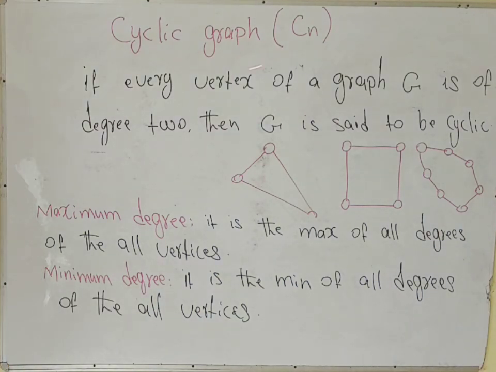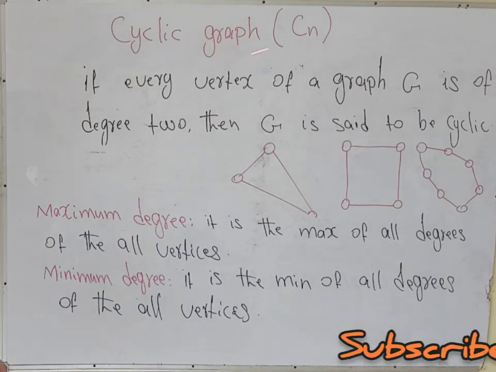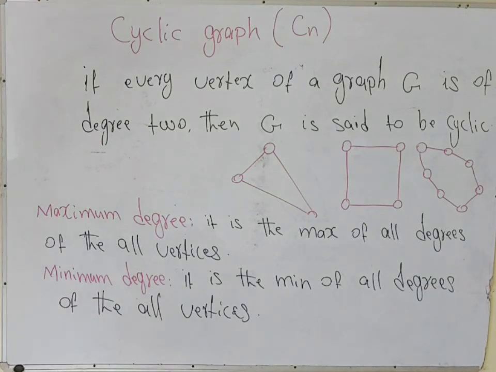A cyclic graph with n vertices is denoted by Cn. Cn means we have a cyclic graph that has n vertices. This is C3.